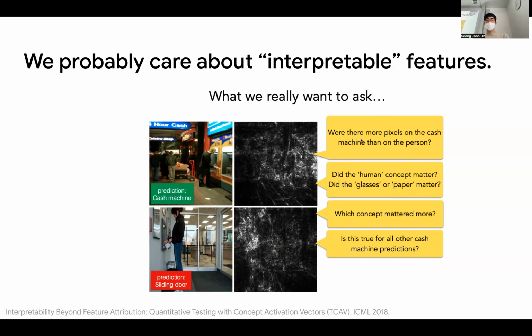For example, for predicting cash machine, is the model looking more at the cash machine itself, or the person, or the glasses, or paper? So these are concepts that are expressed in human language, but not really expressed in terms of these input gradients at the pixel level.